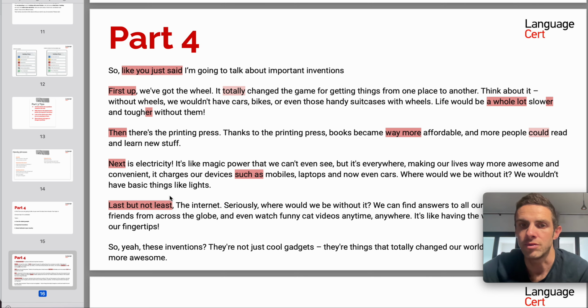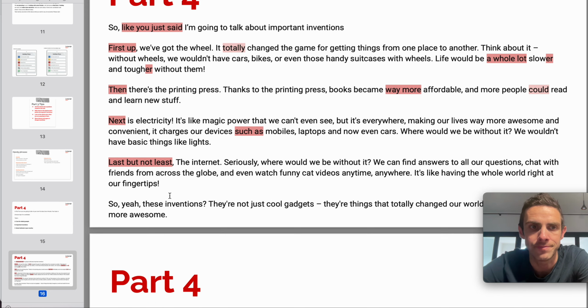Thanks to the printing press, books became way more affordable. Instead of books became more affordable, again, I've said way more affordable. Like above where I said it totally changed. Okay, just adding these tiny bits of vocabulary to your speaking really helps your vocabulary grade.